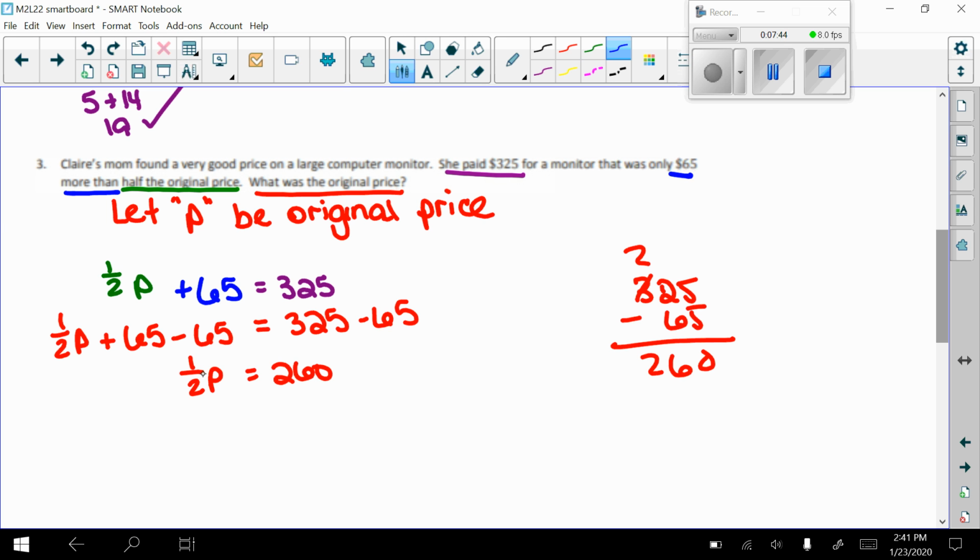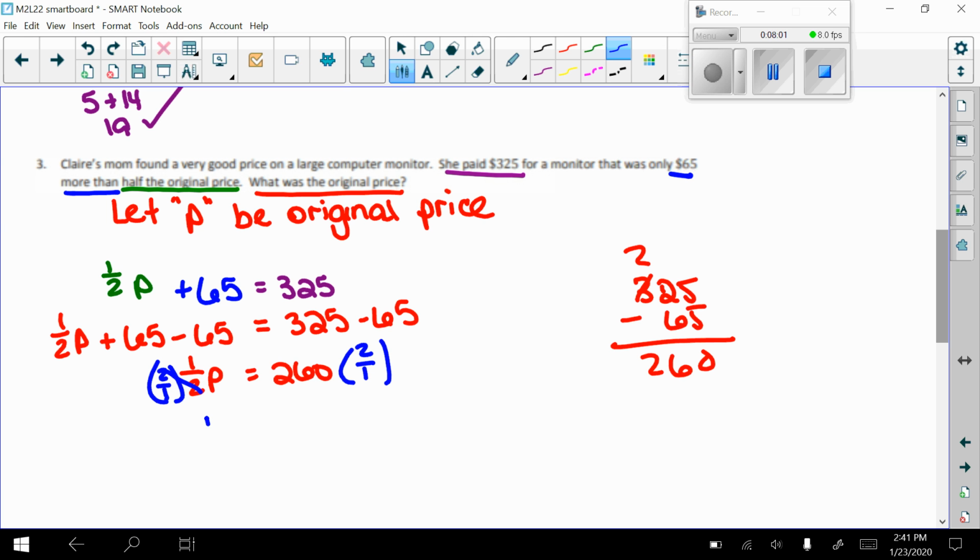Now I multiply by the reciprocal because I have to undo my coefficient. My coefficient is 1/2. What is the reciprocal of 1/2? It is 2 over 1. What I do to the left, I do to the right.